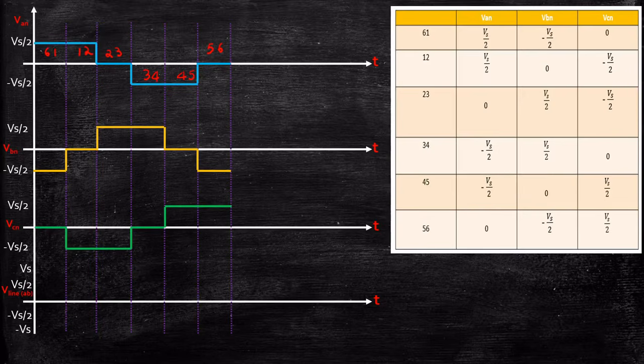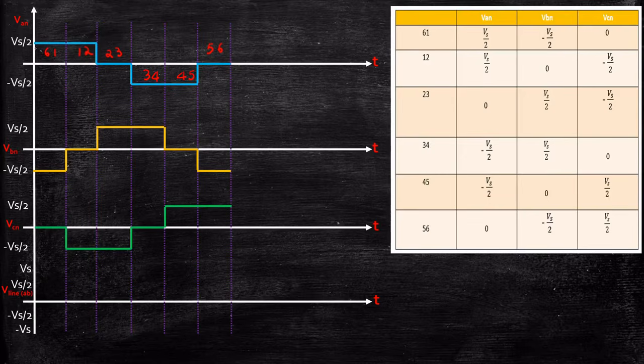Now we need to find the line voltage as well. In this case, I am just showing you with respect to VAB. You can also write it for VBC and VCA as well. So VAB line voltage is nothing but VA minus VB. I'll just show it for one scenario over here.